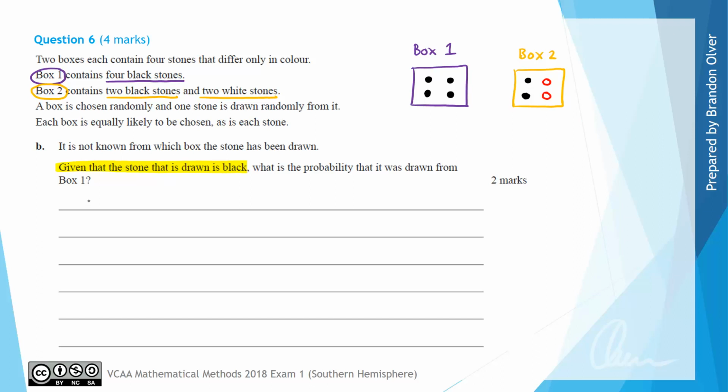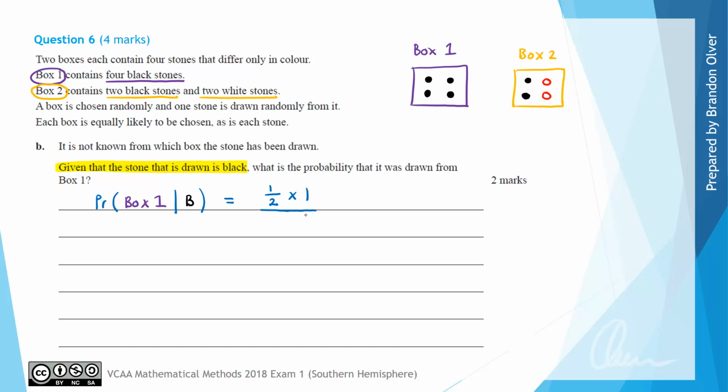Now, just to formalise what we discussed there, we're really looking at the probability that we selected from box 1, given that a black stone was selected. And that is equal to the intersection of selecting from box 1 a black stone, which would be a half times 1, and that comes from the tree diagram we had drawn out before.